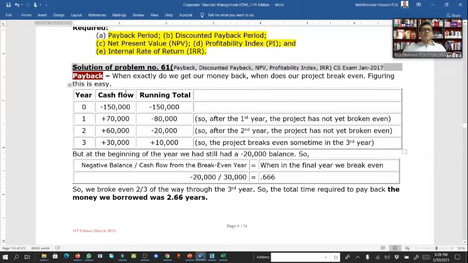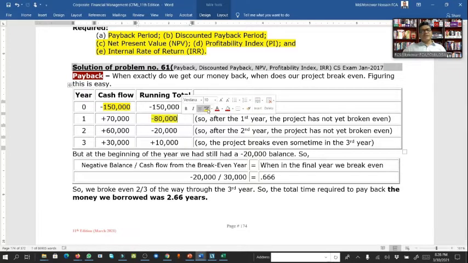So we know for payback, in the year 0 we are investing 1,50,000. First year cash flow is 70,000. So the remaining is 80,000. So we also need 80,000 for payback. In the second year, 60,000 is cash inflow and we require 20,000.